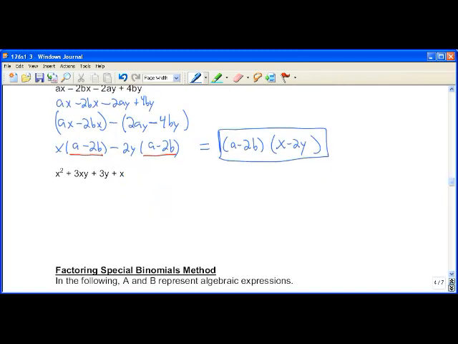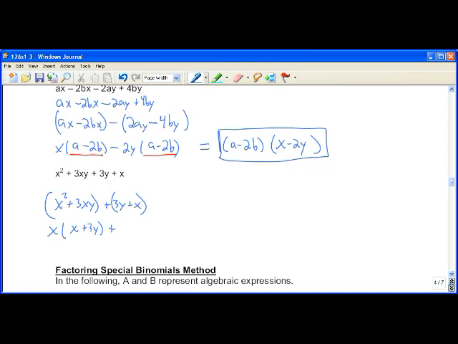Let's try the next one then. I'm going to leave it like it is and see if this works. But I see these 3xy and 3y, they have a lot in common. I'm tempted to just make those be a grouping, but I'm going to leave it like it is and see what happens. So if I group the first 2 together and the second 2 together, I can get x out of the first pair, x plus 3y.